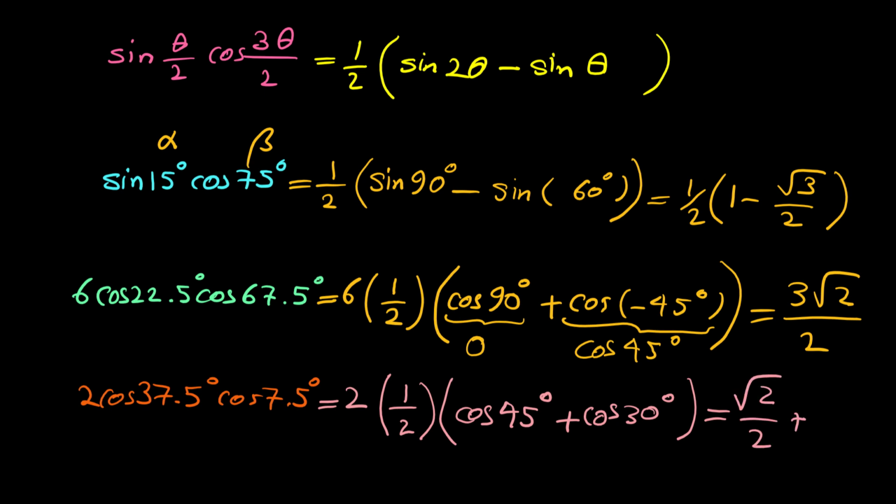And cosine of 30 degrees is radical 3 over 2 because of the special triangle. If we suppose here is 30 degrees, then here is 1, here is radical 3, 2, cosine is adjacent over hypotenuse, radical 3 over 2. So the final answer is radical 2 plus radical 3 all over 2. You can write your answer in this form as well. Radical 2 plus radical 3 all over 2.